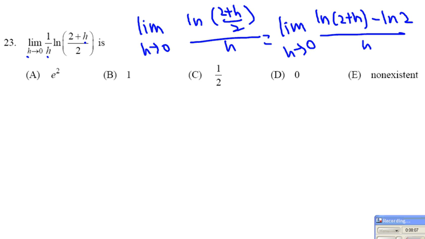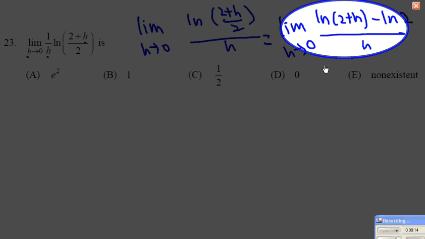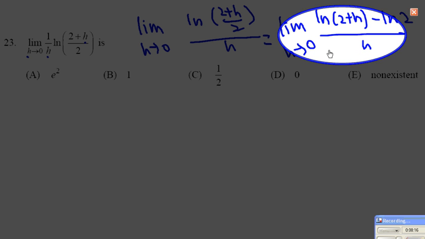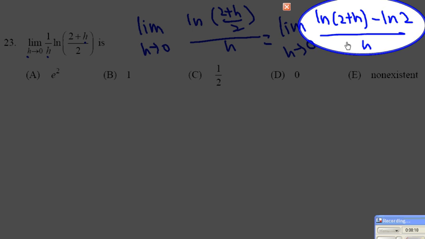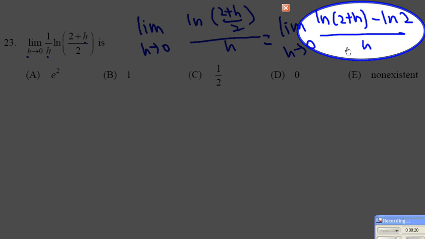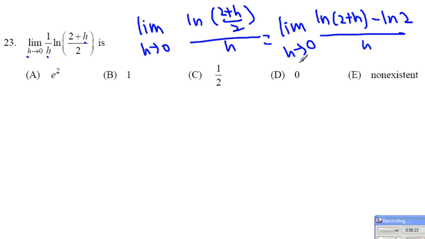Now, this one here should look more familiar to you.